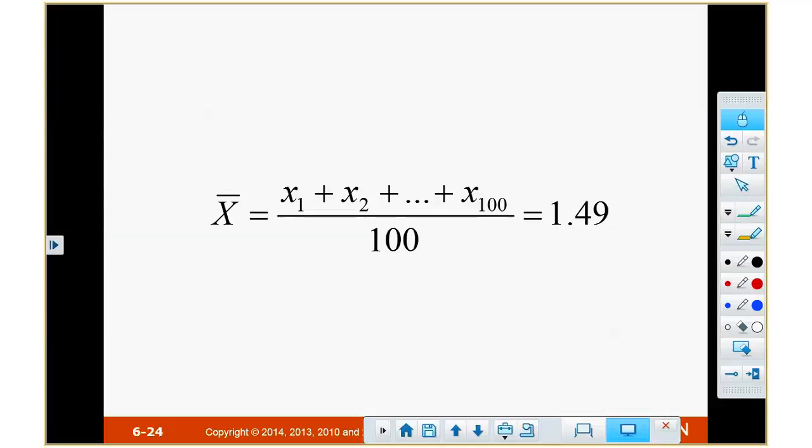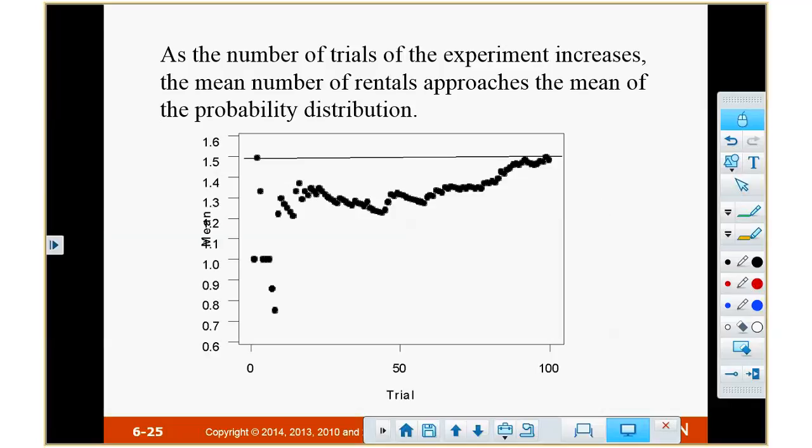Okay, so what they're leading up to is the standard deviation. Okay, now this is important because we've talked about this. As the number of trials of the experiment increases, the mean number of rentals approaches the mean of the what?